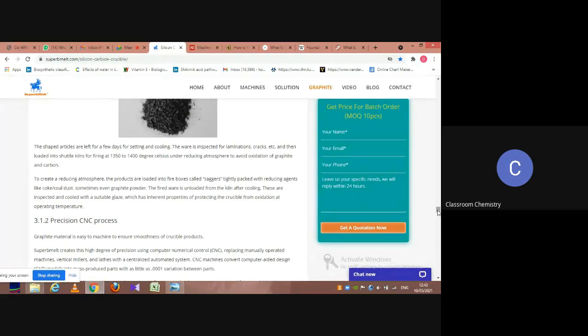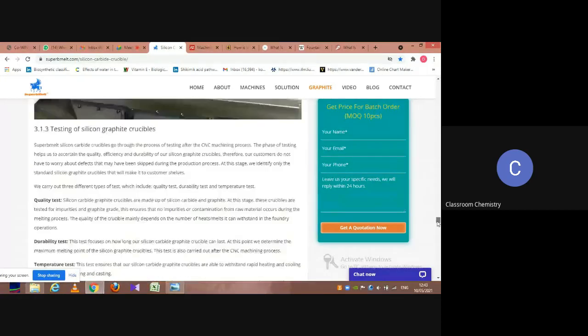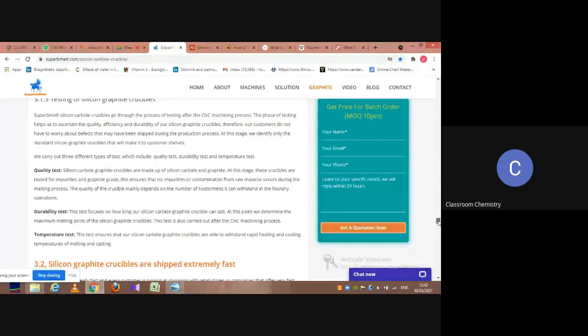Okay, apart from that, not much other material is needed. Then you can check the quality of the silicon graphite crucible by doing some tests, a quality test, a durability test. Then you can do a temperature test. So once you do all these tests, you come to know the quality.